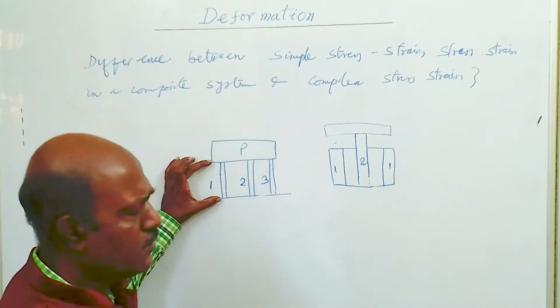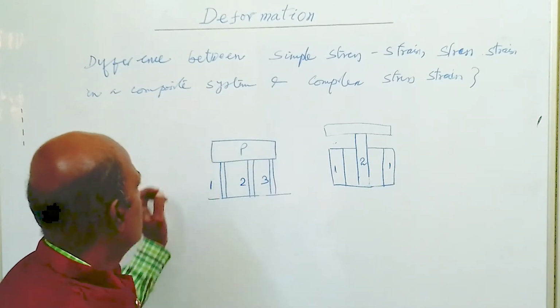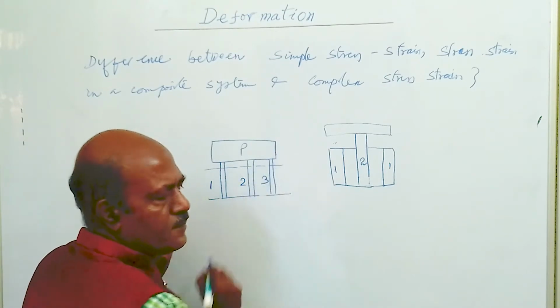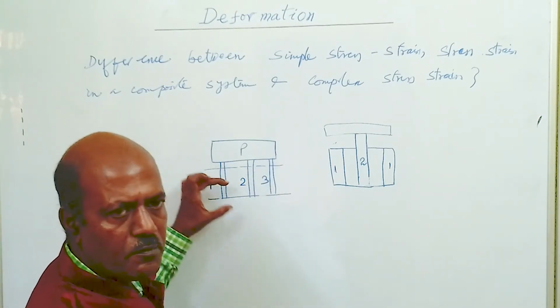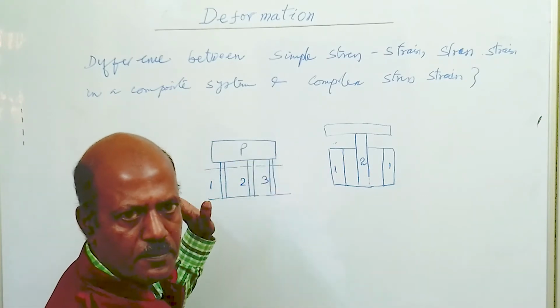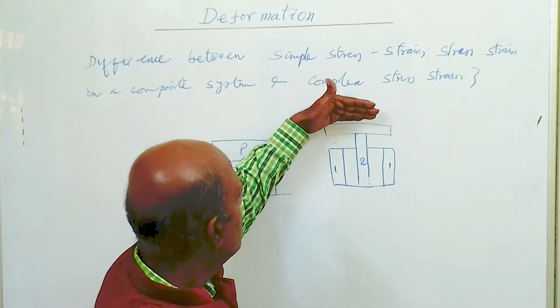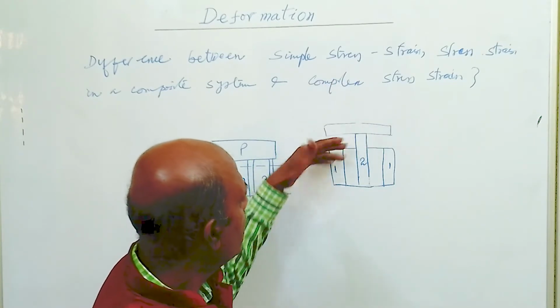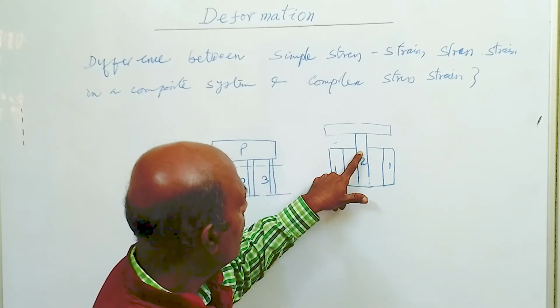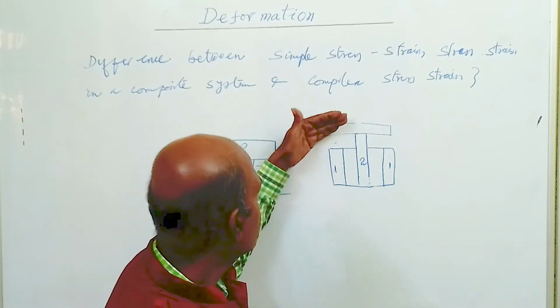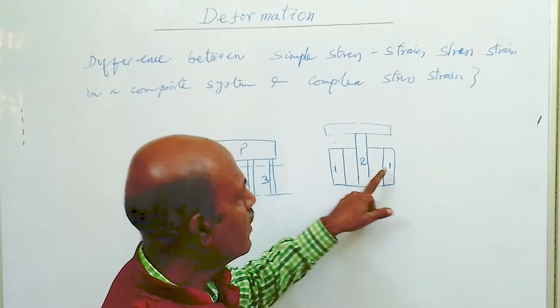So in this case, what is seen is the deformation produced in all the bars will be same. That means the strain produced in the bars will also be same. That is the main concept here. But in this other case, the load is shared by the second member only until the deformation takes place, and after that, the load is shared by the first member and second member.